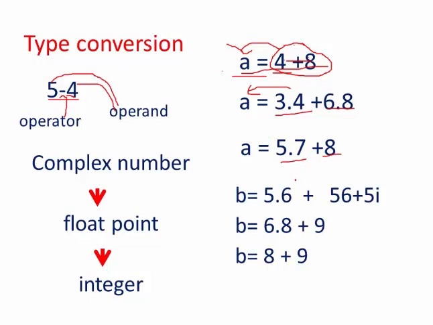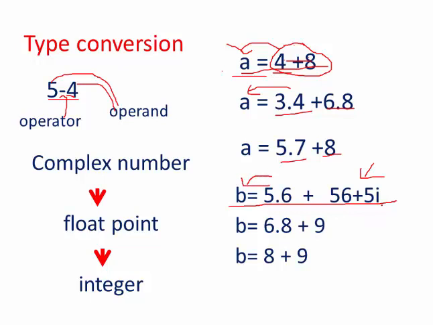So the rule is that if in the expression either number is a complex number, and the other may be integer or floating type, the data type will be complex.